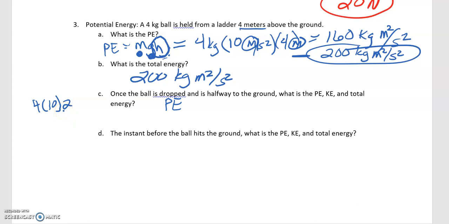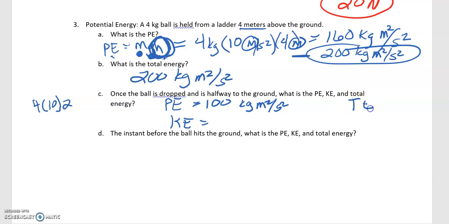Or if you recognize that half of h would produce half of the potential energy, we could just take half of the 200, and our potential energy would be 100 kilogram meters squared per second squared.